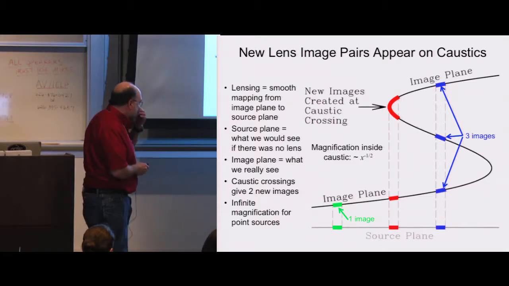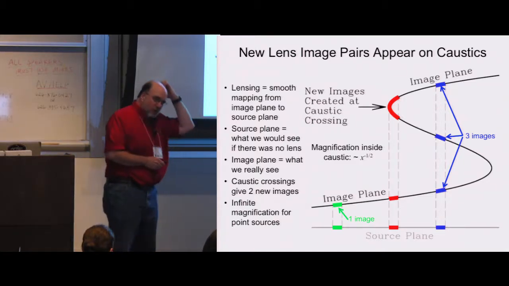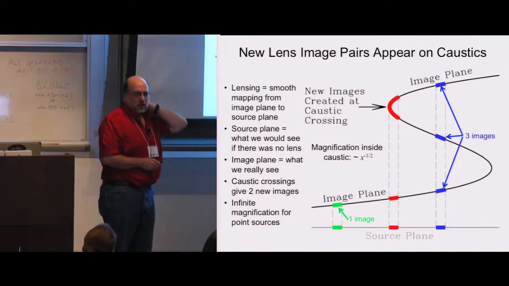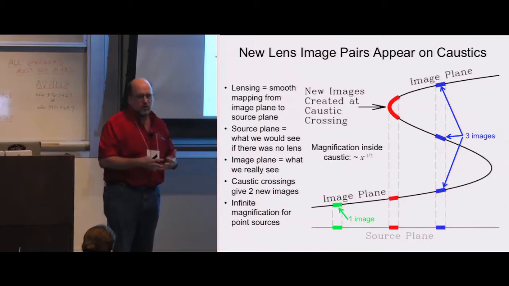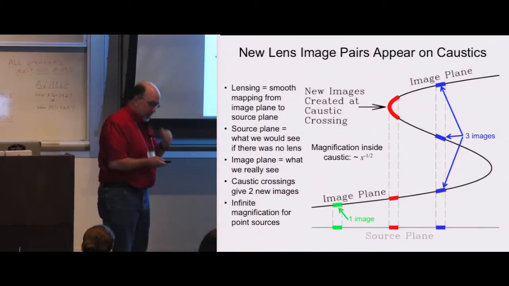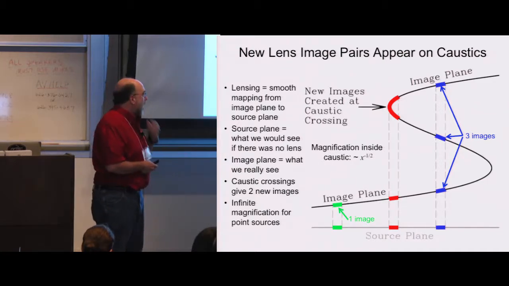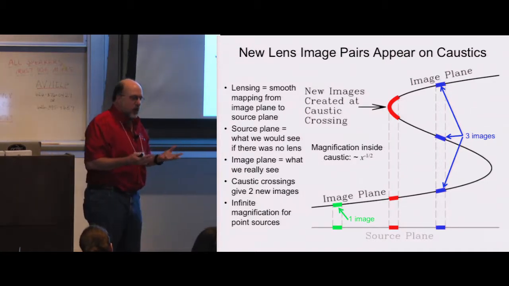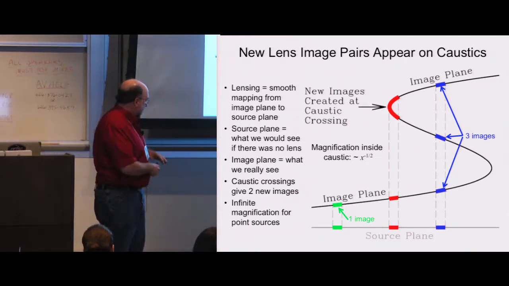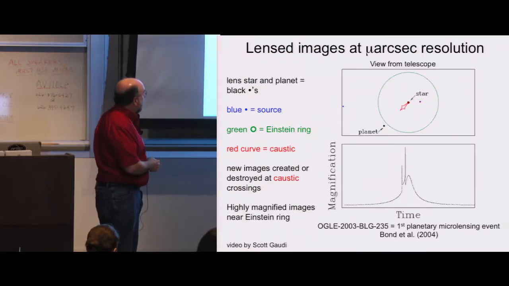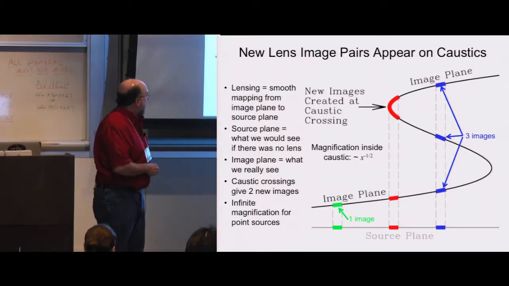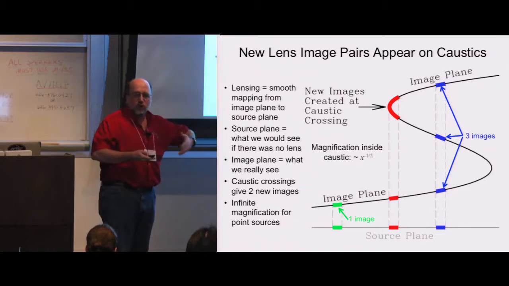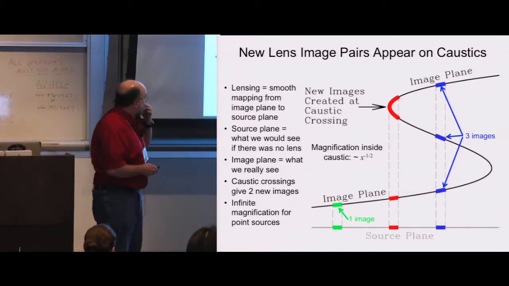All right. So as Scott mentioned, what we're doing is a mapping between two-dimensional surfaces. The source plane is what you would see if there was no lens, and the image plane is what you actually see. Okay, and this is a smooth mapping, and you can imagine it's a mapping between a flat plane like the floor and an elastic sheet that's distorted by the gravitational lensing, but it's still continuous.